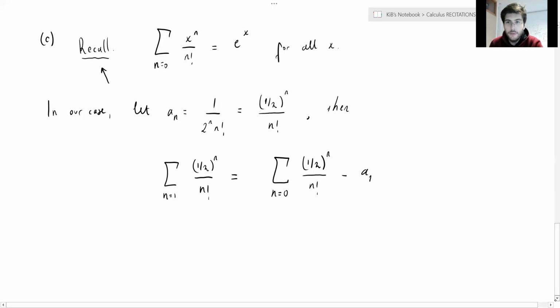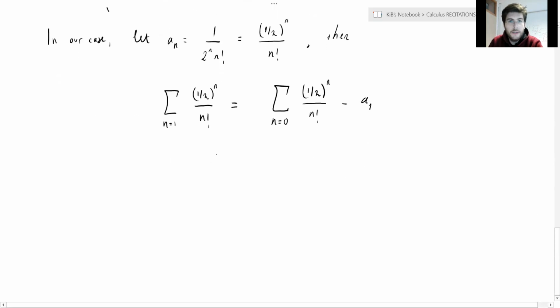Now we can use what we have in the recall. By the recall, with a specific value x equals 1/2, this part is exactly e to the 1/2, minus whatever a1 is, and a1 is 1/2, I guess. So we are done.